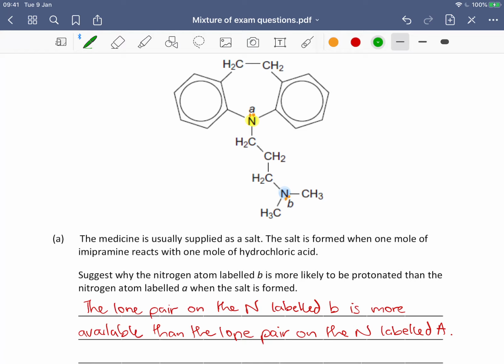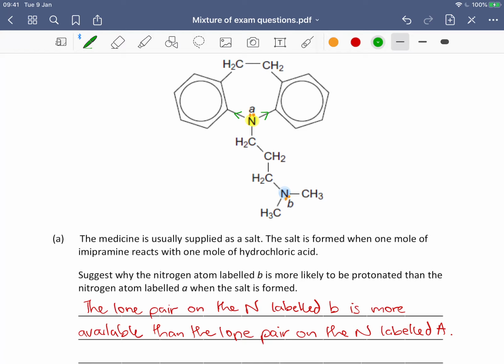Remember, what we're looking at is what is directly attached to the nitrogen. So 2 phenyl groups are directly attached. They are electron withdrawing groups. That's because the lone pair can become delocalized into that ring of electrons in the benzene or phenyl group. I'm just going to draw an arrow to visualize that. So electron density is being withdrawn from the nitrogen.